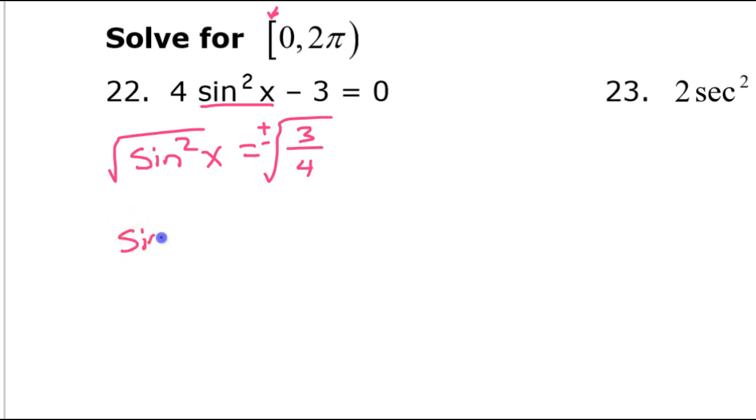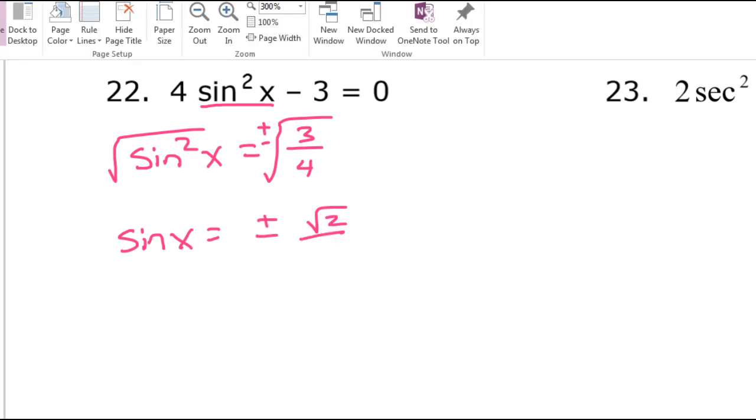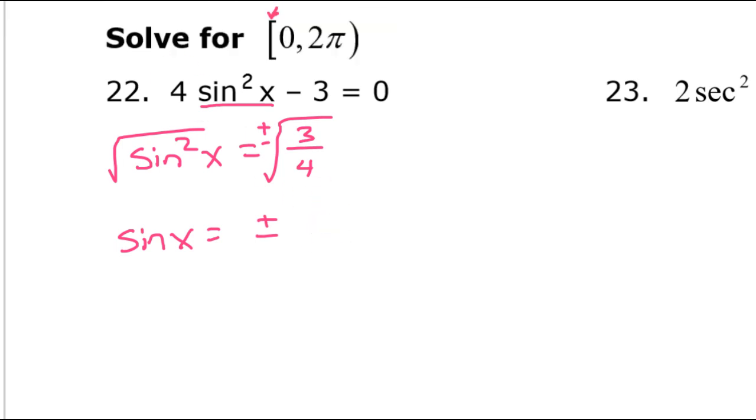So now I have sine x equals plus or minus, and this will be radical 3 over 2, I meant to say. All right, so this will be radical 3 over 2. Now, ignoring the plus or minus for a moment, the sine of what angle is radical 3 over 2?